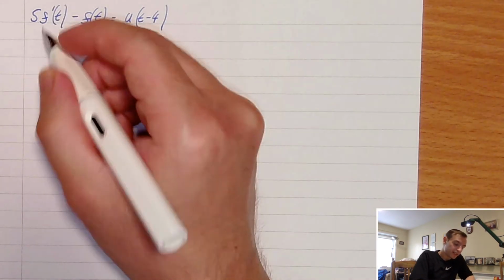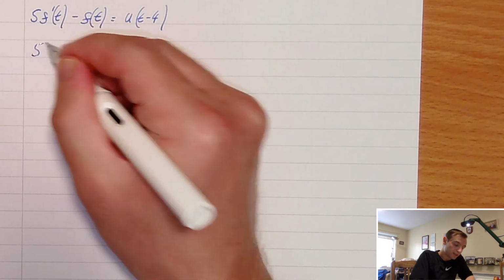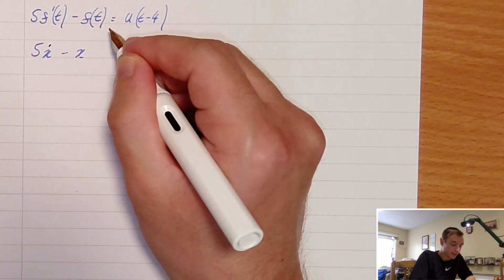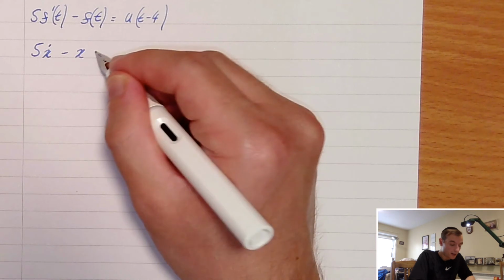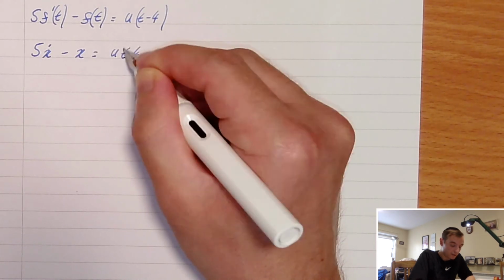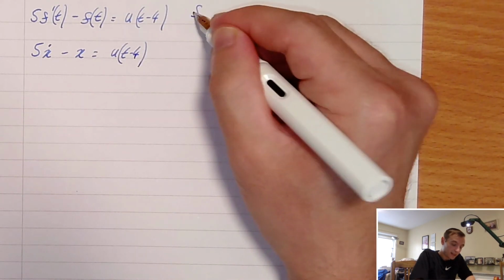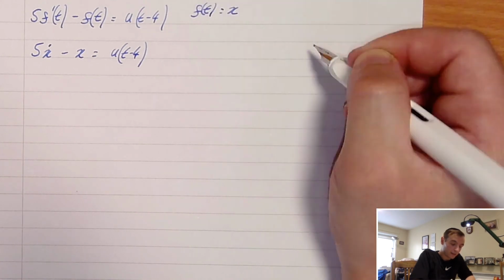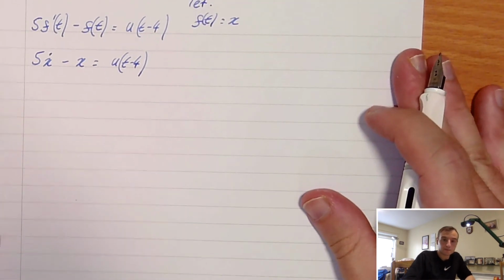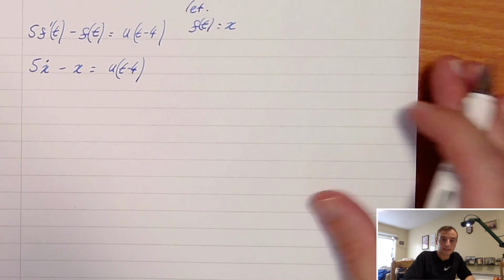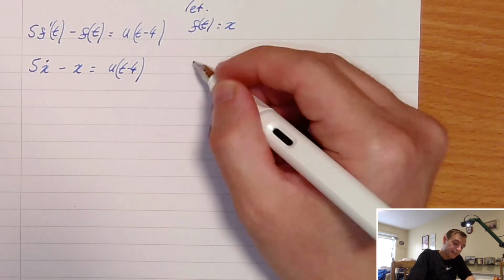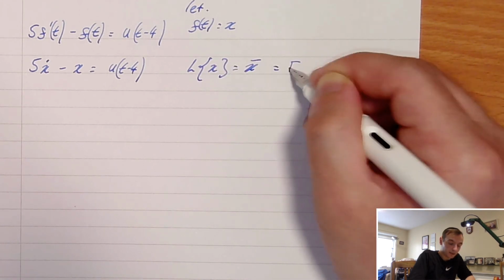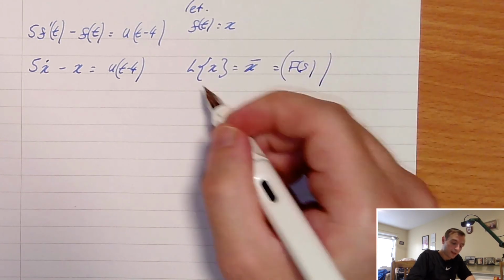First things first, let's convert this to Laplace notation that we're familiar with: 5x' - x = u(t-4). I'll put a little note here: let f(t) equal x. Then the Laplace transform of x is x bar equals F(s).